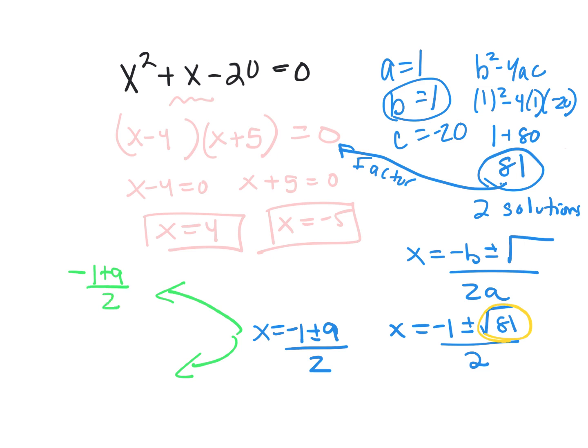That's going to give us 8 divided by 2, which is 4. Which was one of our answers right there. If we do x is equal to negative 1 minus 9 divided by 2, here's negative 10 divided by 2. That gives us a negative 5. That was our other answer there.